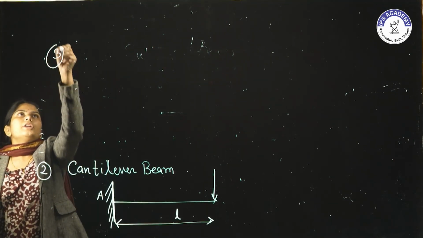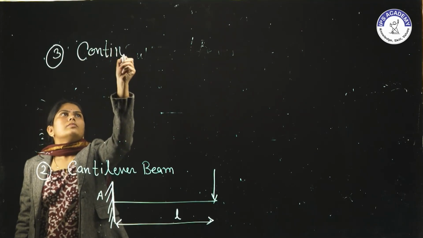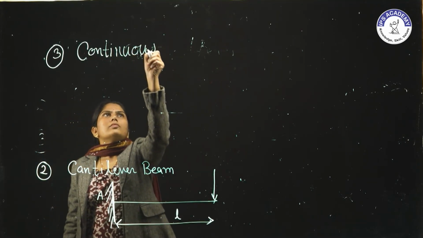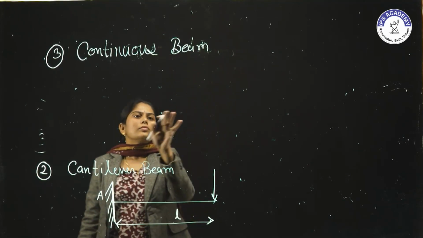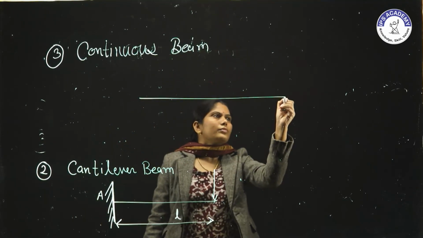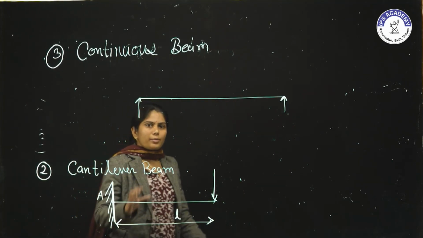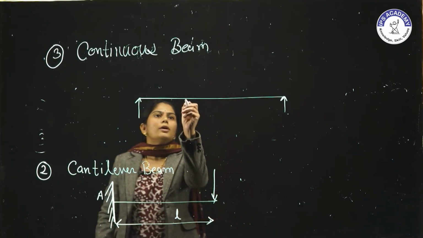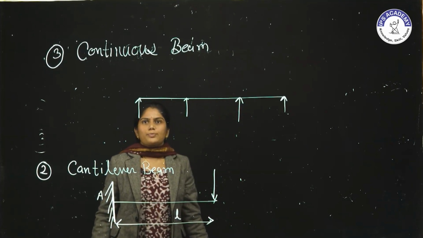Third one is continuous beam. This is the simply supported beam having only one span, but a continuous beam has more than one span.